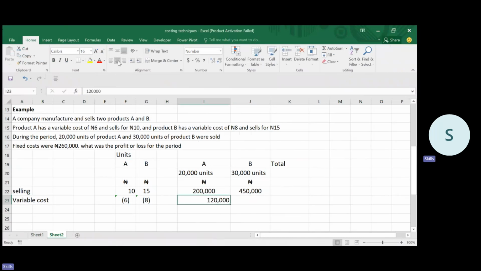This is the variable cost for product A. Then the variable cost for product B will have 8 naira variable cost per unit multiplied by the 30,000 units sold. So 8 times 30,000, we have 240,000.